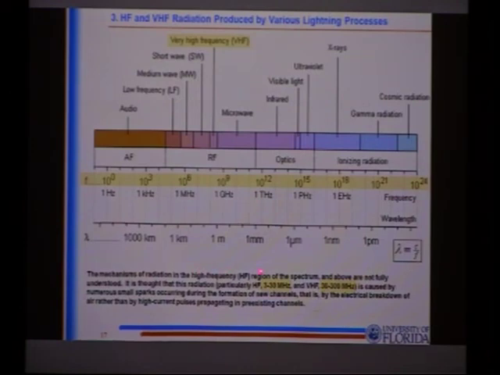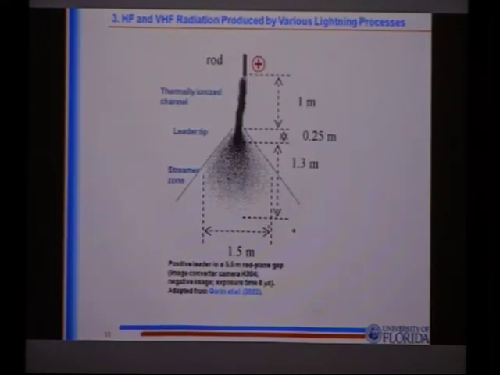The mechanism of radiation in these ranges is not well understood, but it is usually assumed that radiation is produced by the electrical breakdown of virgin air. So there are many small sparks that occur during the formation of thermally ionized channels, and they are usually assumed to be sources of HF and VHF radiation.